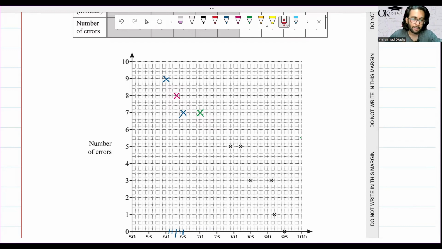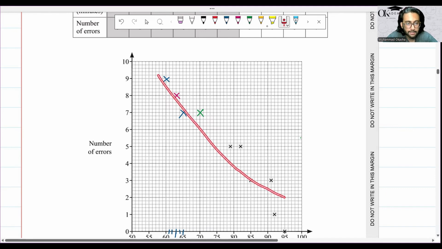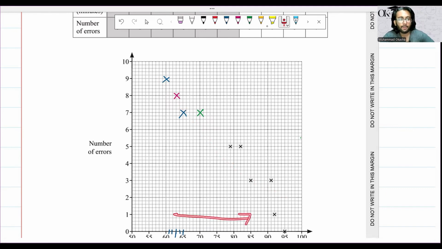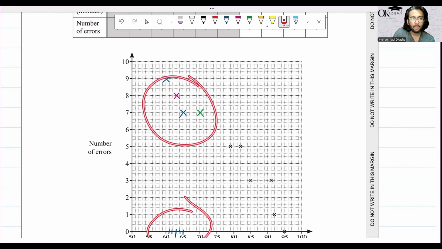I don't know what the question is about yet, because I only plotted the points right now. But what I see is there is a downward trend. The more time you spend doing the homework, the fewer errors you make. If you spend less time doing it, the more errors.